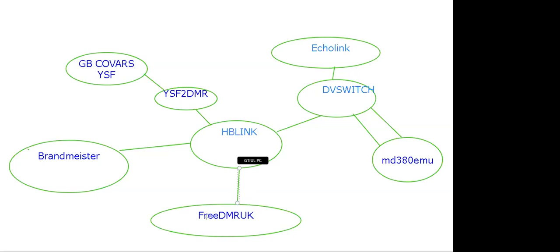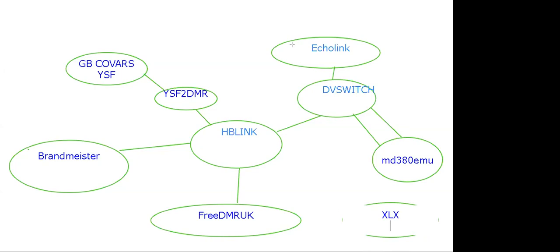Any traffic from Free DMR UK on that talk group gets sent into the HB Link software, which will then send it out to Brandmeister, to Fusion, and to Echolink. And then, although I've not drawn it in, obviously we have the other circle here, XLX, which is what will give us the D-STAR functionality.